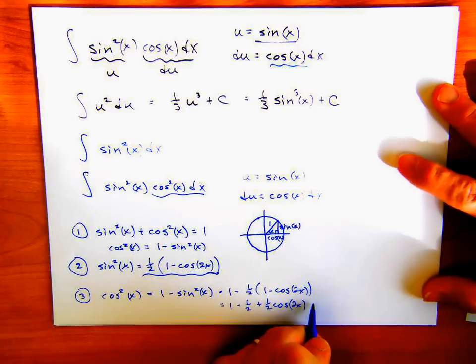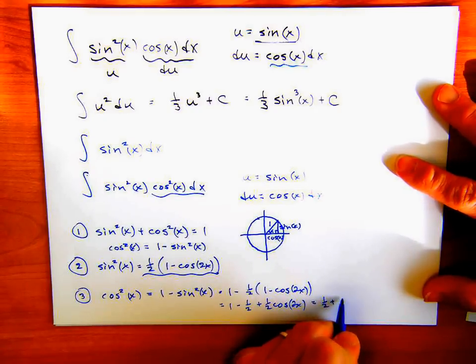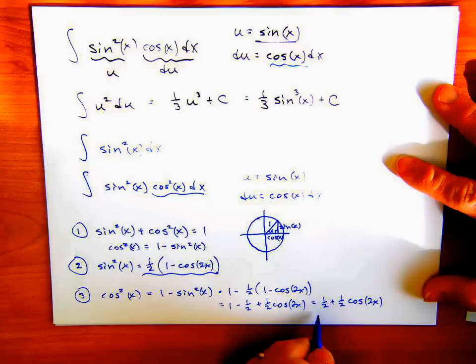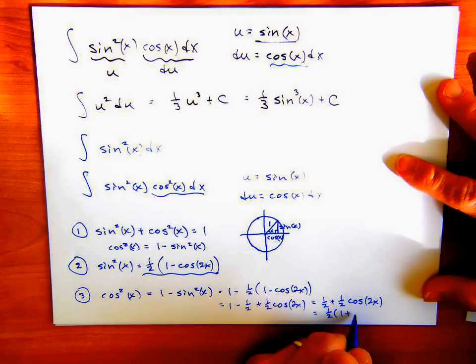All right, simplify a little bit. We have the 1 minus 1/2, which is 1/2, plus 1/2 cosine 2x. Simplify one step further, we can factor a 1/2 out of there. We end up with 1/2 times 1 plus cosine of 2x.